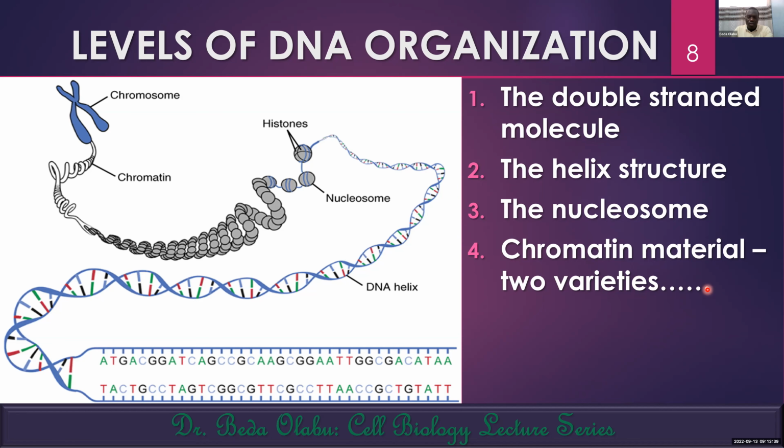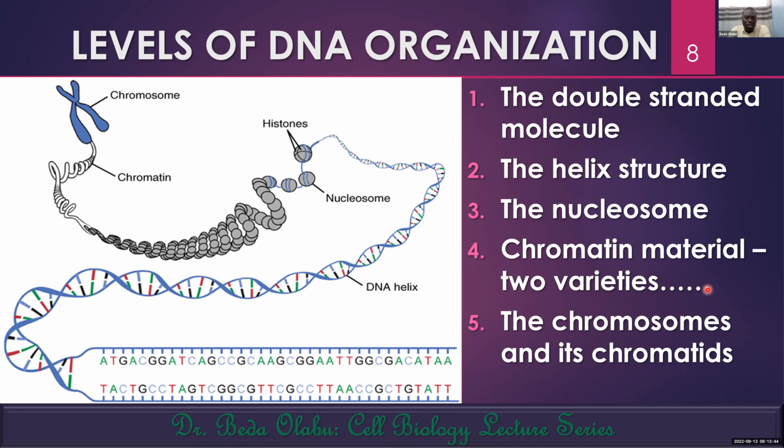One of the copies is therefore called the chromatid. And so the chromatid and the chromosome are higher levels of DNA organization, which we see when a cell is dividing. You don't particularly see it outside cell division, but when a cell is dividing, then we see this.